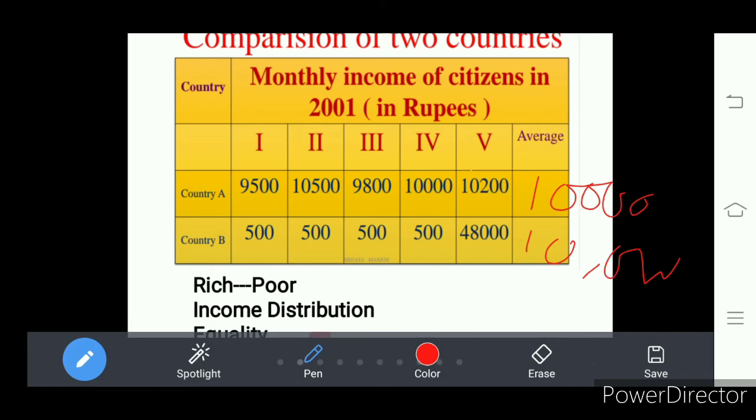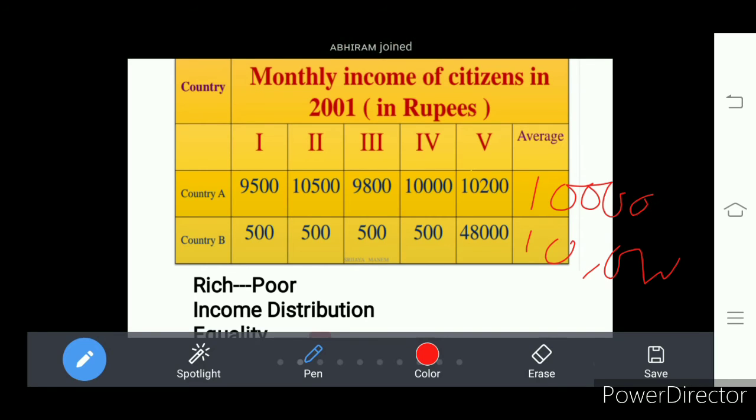But when you look at the per capita income, it shows that on average every individual in country A and country B earns 10,000 per month, right? But looking in depth at the income of the people in country B, you will find inequality is there. So this is the disparity which is not shown by the per capita income.